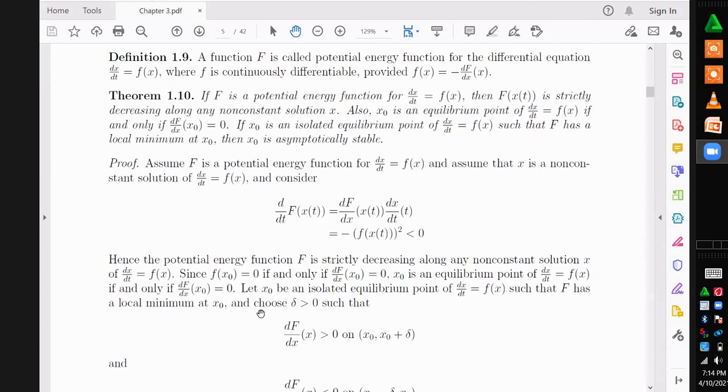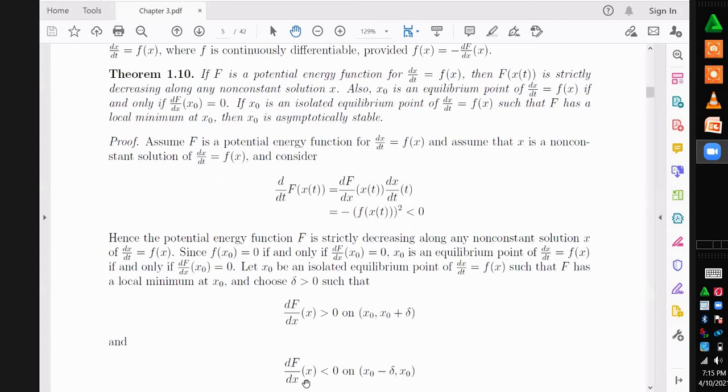Then there is some delta greater than 0 such that dF/dx is greater than 0 for x belonging to (x naught, x naught plus delta), and also dF/dx is less than 0 for x belonging to (x naught minus delta, x naught).